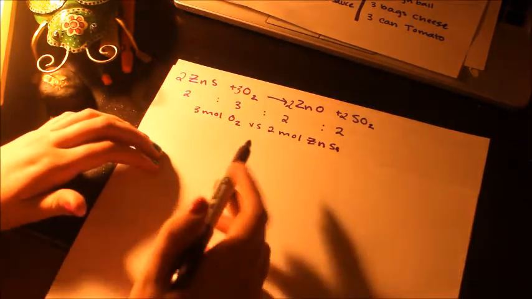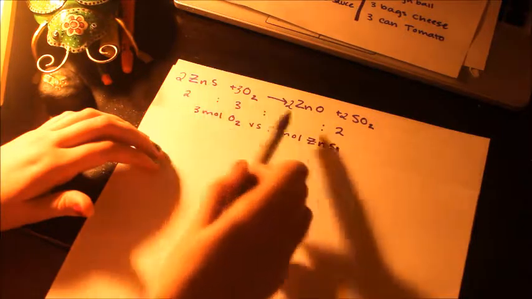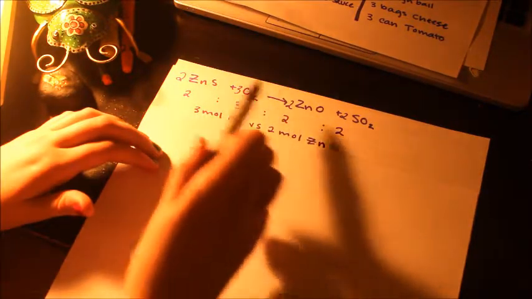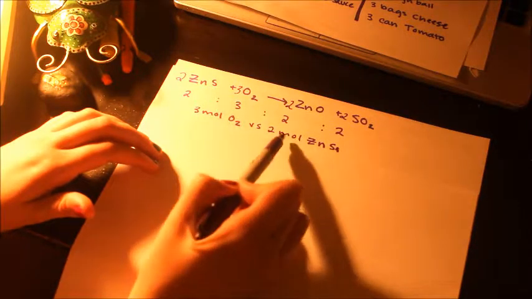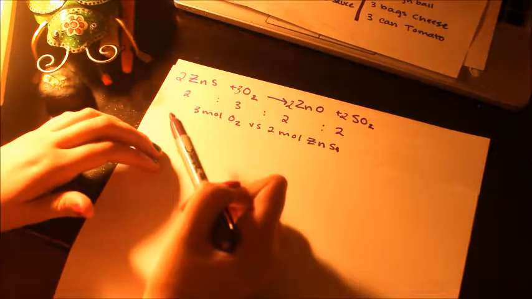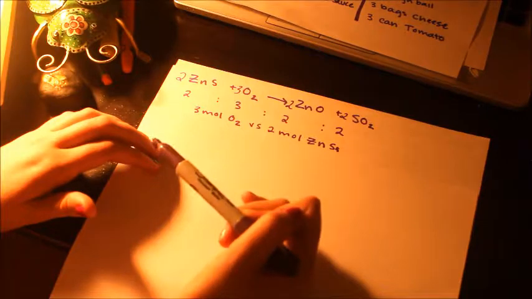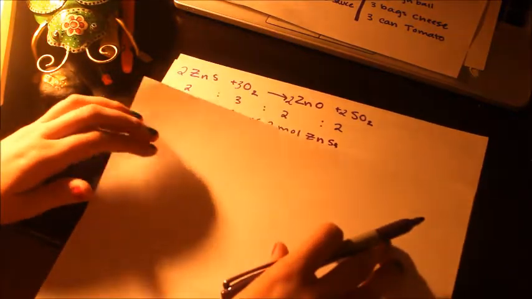And it's easy to see here because it's an X to X to X ratio, and this is a larger molar value, that the 2 moles of ZnS is going to be our limiting reactant. Hopefully that makes sense.